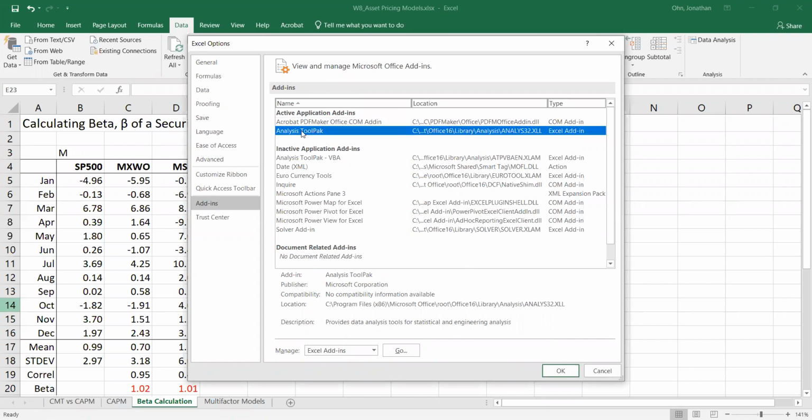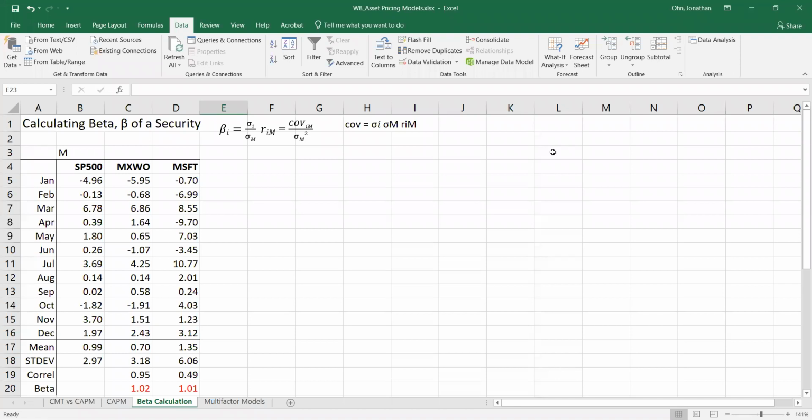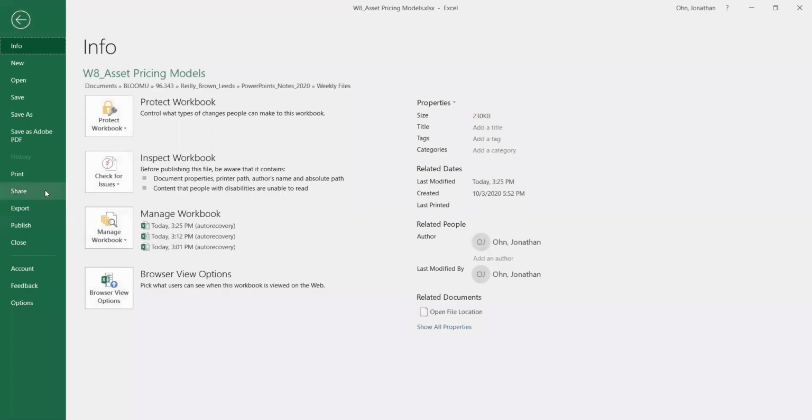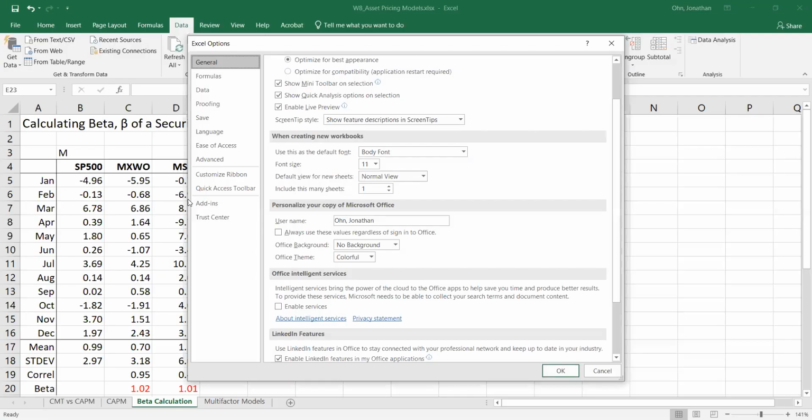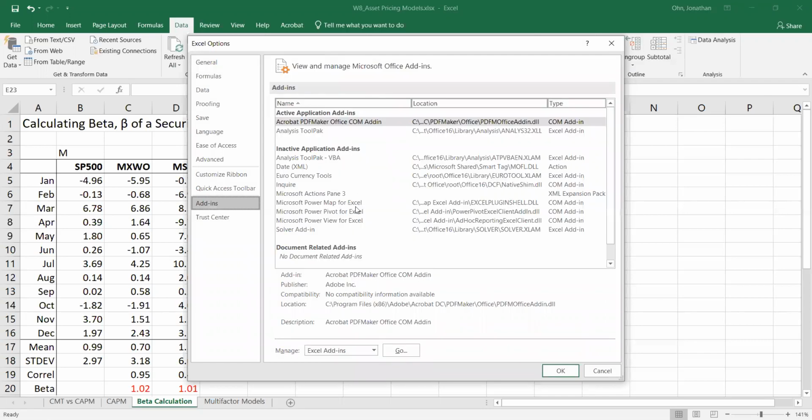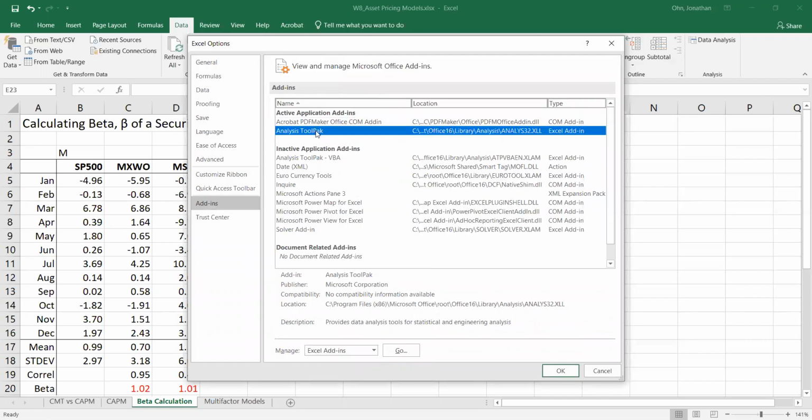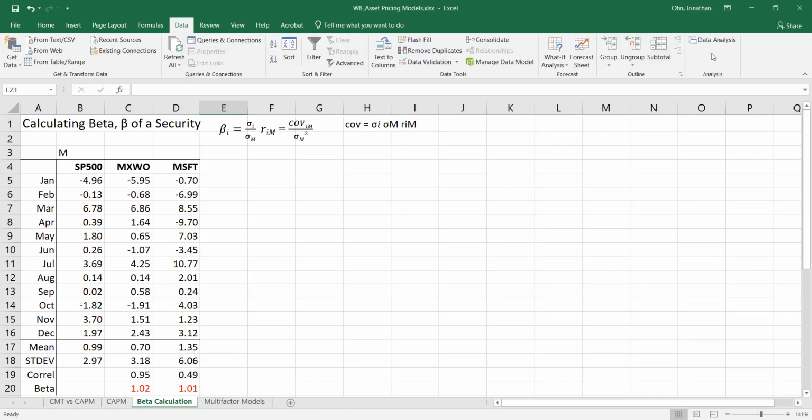You have to click on Analysis ToolPak and then press OK. Then you will have Data Analysis on here. So if you don't see Data Analysis in your Excel, you have to do that: File, Options, Add-ins, click Analysis ToolPak and say OK. Then you will have this menu.